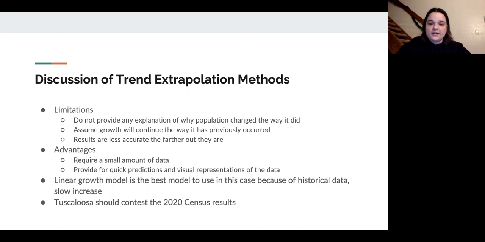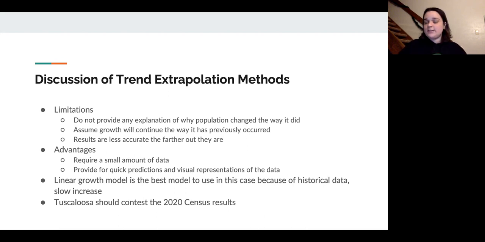In addition, the linear, geometric, AAAC, and AAPC methods provide no context for the growth, so they don't provide any sort of explanation about why the growth may have happened. They simply provide numerical data on what it might be. So depending on what type of analysis you're looking for, that may be a con of these methods.